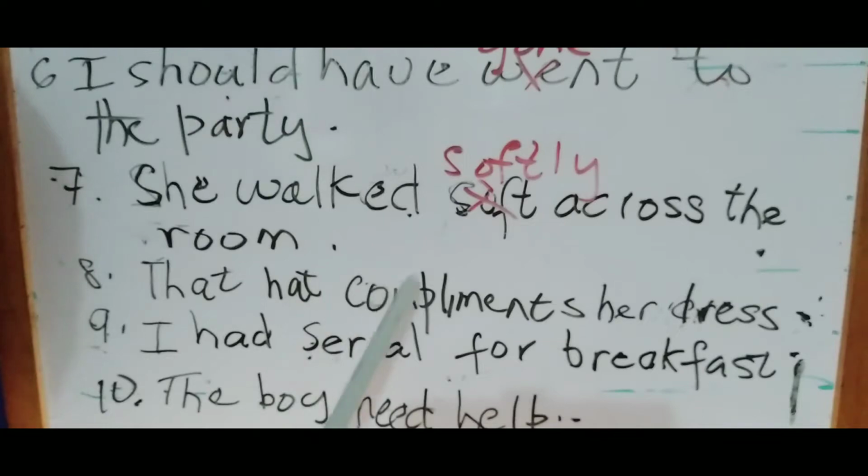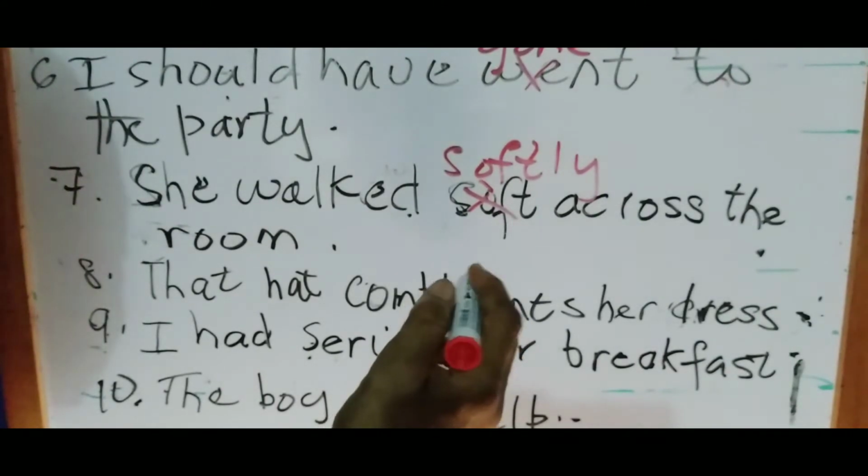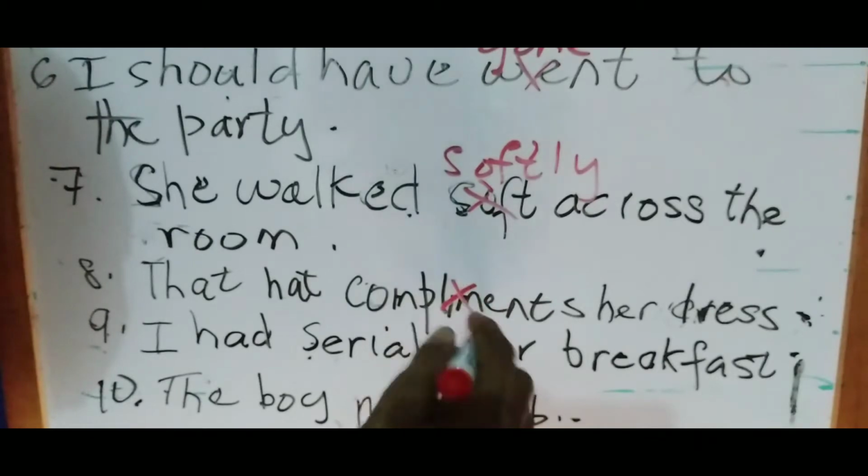That hat complements her dress. Now, the word complement can be spelled two ways, and both ways have different meanings. So, in the case of that hat, compliments would be incorrect. All right? So, let's just mark that as incorrect.